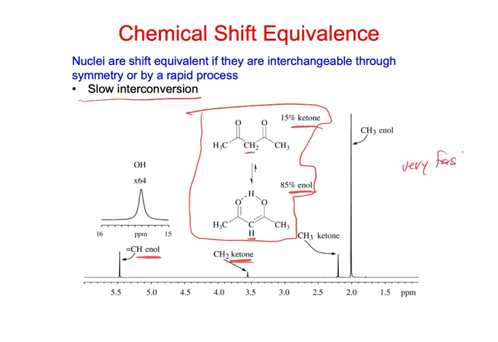And in fact, for chemical processes, exchanges or rotations or things like this, you can calculate the energy barrier for that process by how the peaks behave as you increase the temperature, where it flattens out and goes to a single peak.